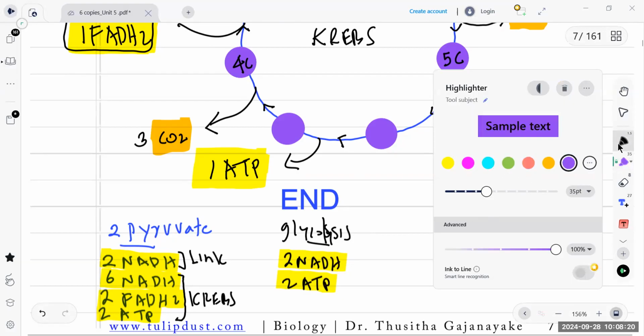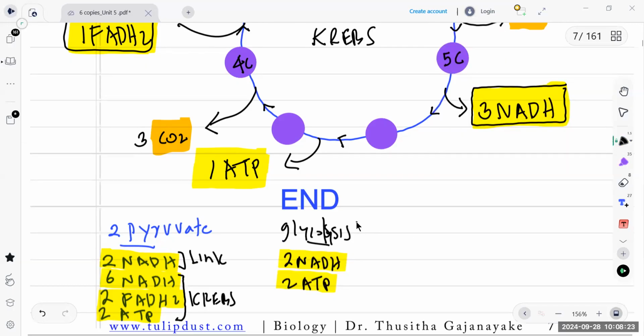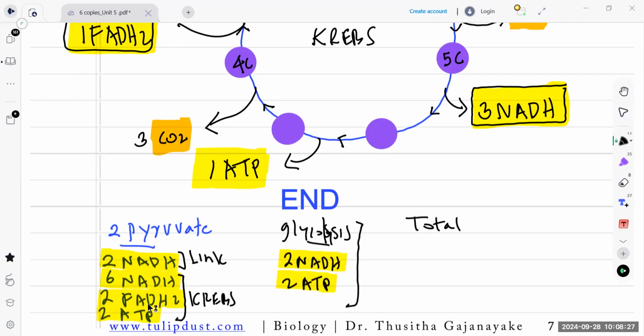So now a total: 2 plus 2, 4 ATP molecules. 2 plus 6, 8 NADH molecules, no more than that, right? So 2 plus 8 is 10.